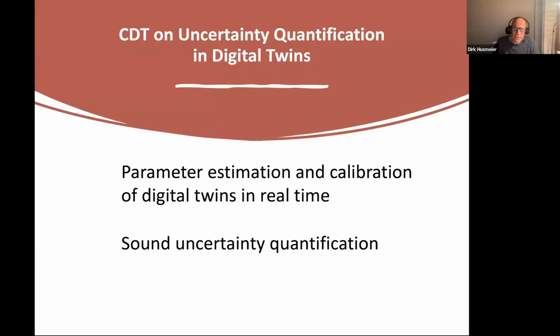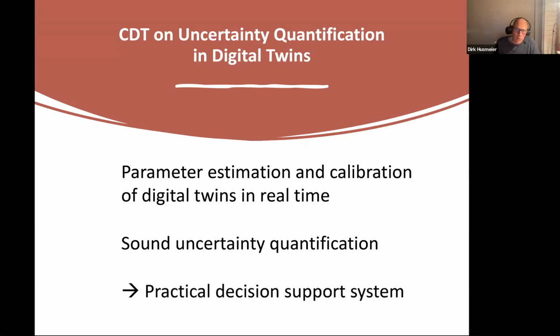So our CDT on uncertainty quantification in digital twins, you see that word uncertainty quantification in our title, focuses on parameter estimation and calibration of digital twins in real time, and sound uncertainty quantification, because this is absolutely critical and important for practical decision support if you want, for example, to do reliable risk assessment of, say, treatment options for a digital twin in medicine, but for other applications, obviously, as well.